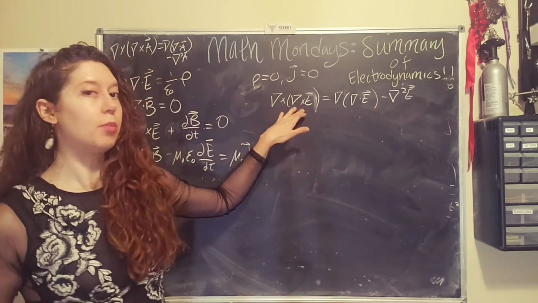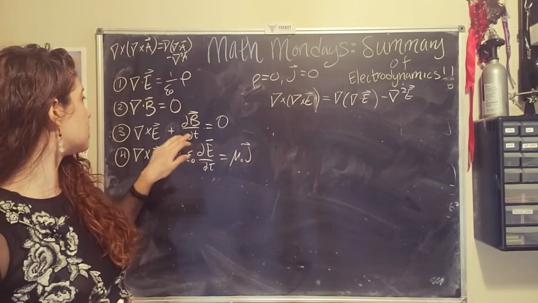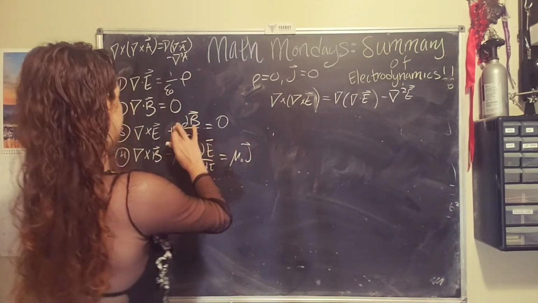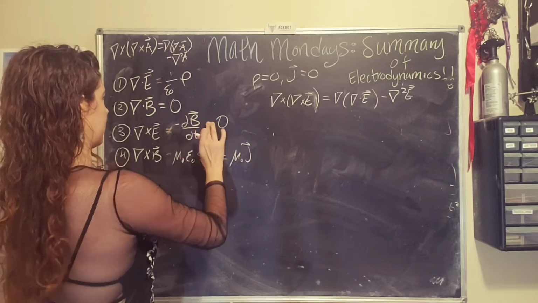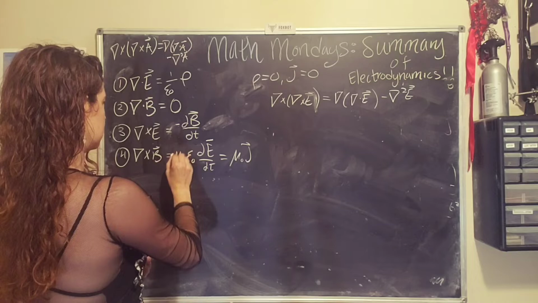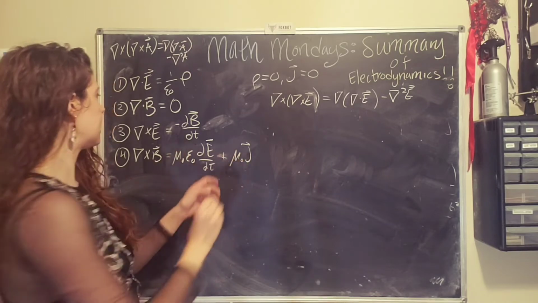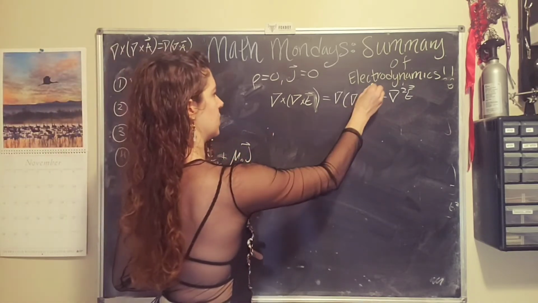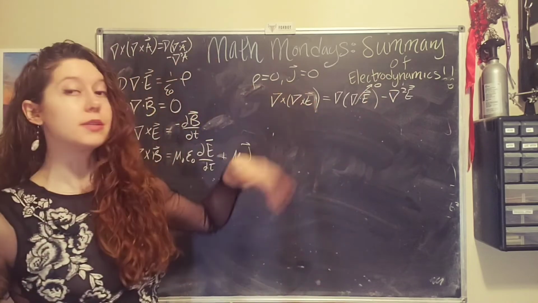Since we apply this to one side of the equation, we have to apply it to the other. For simplicity's sake, we're going to go back to the original form of the equations. Equals this plus that. But do keep in mind that this is going to go to 0 since there are no charges.